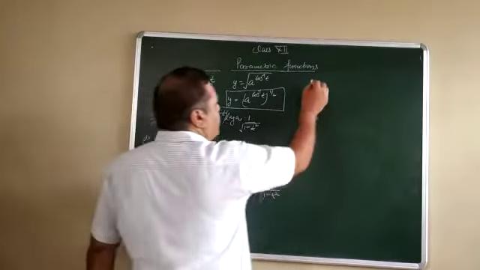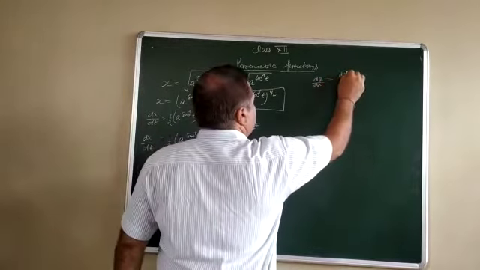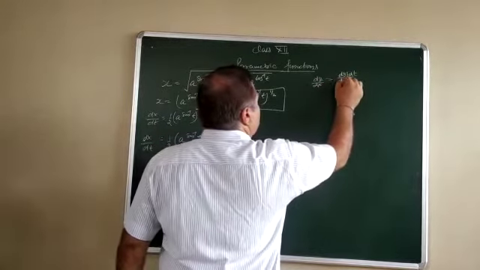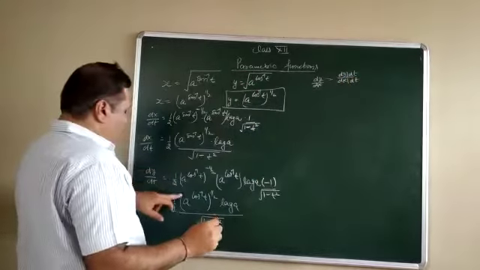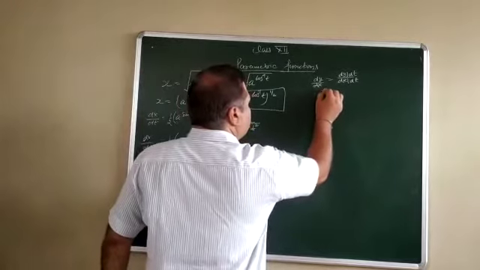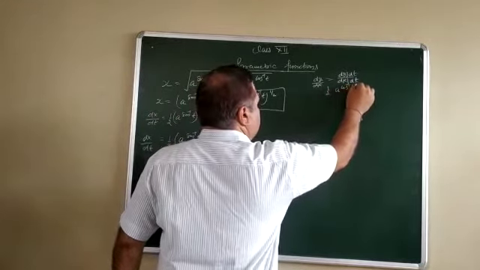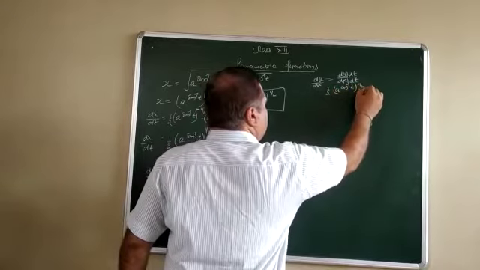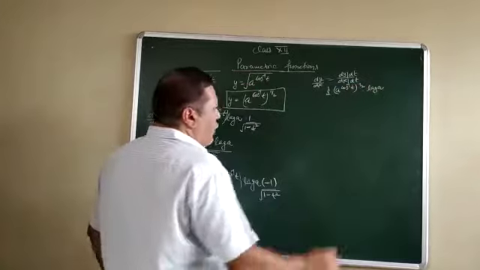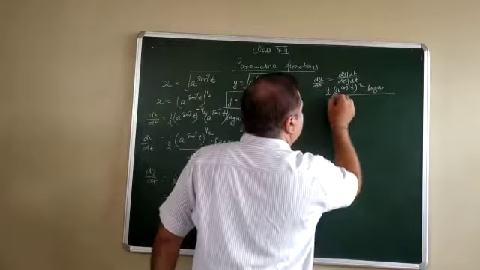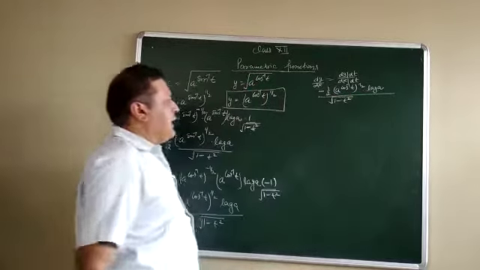Now we divide. dy/dx is equal to dy/dt upon dx/dt. dy/dt is what? 1/2 (a^cos⁻¹t) power 1/2 into log a along with the square root of 1 minus t square, along with the negative.